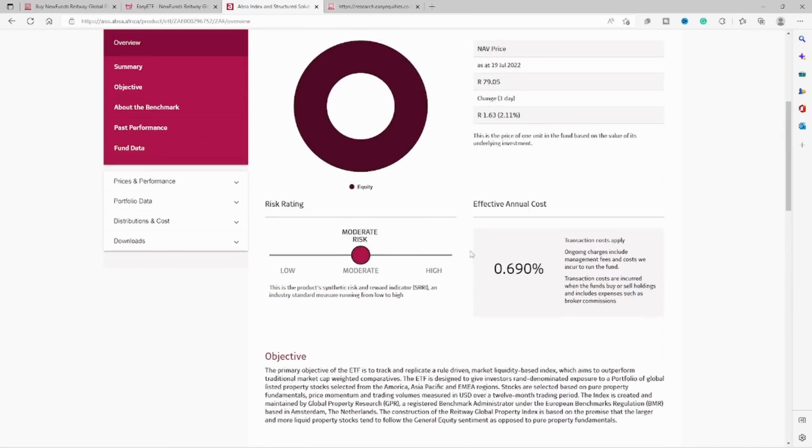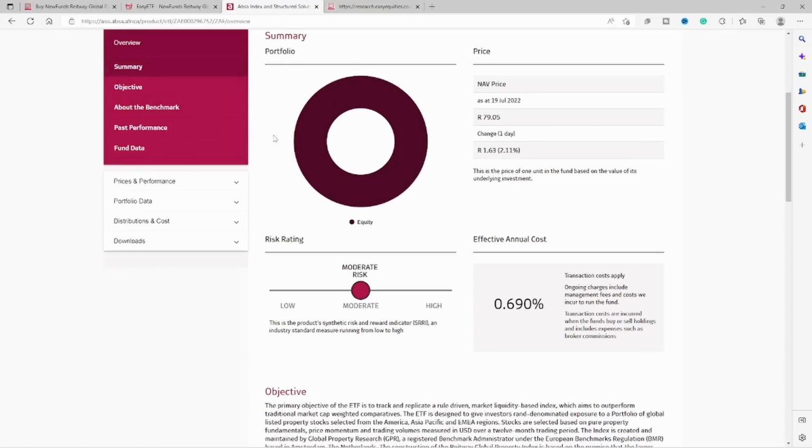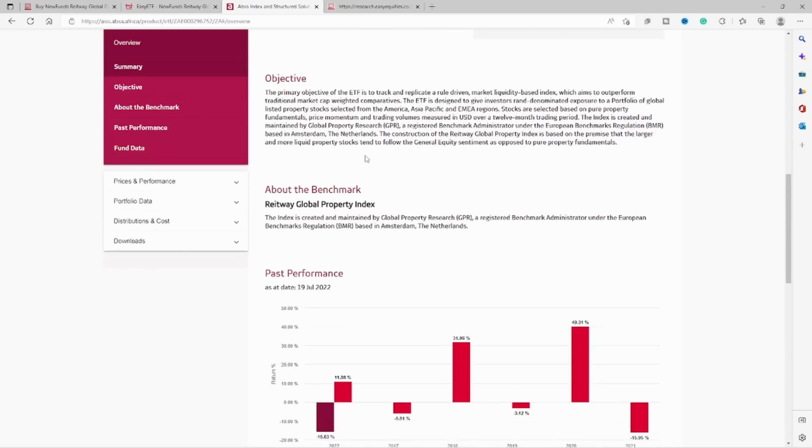What I'm looking for is, I hope that they would give us more information on where they bought their shares, but seems like they're not giving us that. Okay. The primary objective of the ETF is to track and replicate a rule-driven market liquidity-based index, which aims to outperform traditional market cap weighted comparatives.